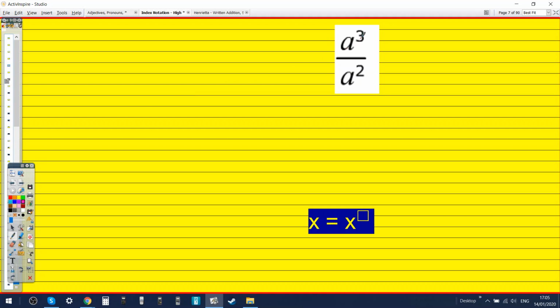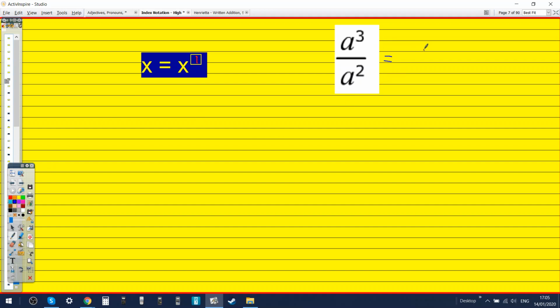Any idea a to the 3 divided by a to the 2? Would it just be a to the 5? Or maybe I should just say this a different way. If you have x just by itself, do you know what that's to the power of? No. So any number just by itself, in the same way it's 1x, it's x to the power of 1 if they don't show a power.